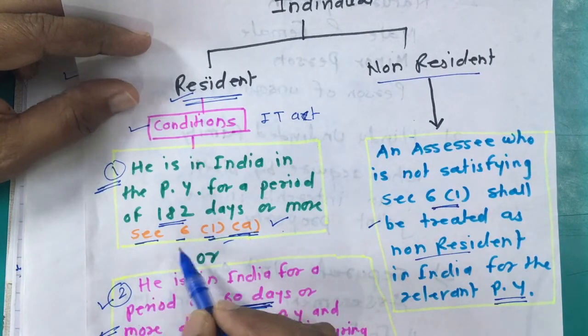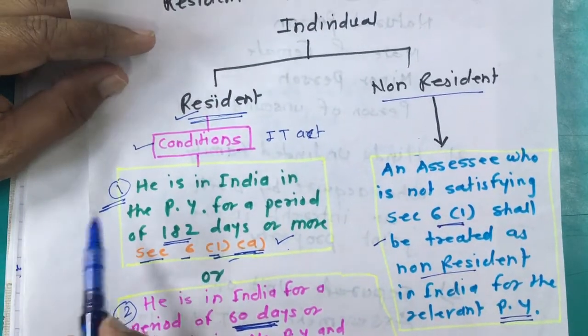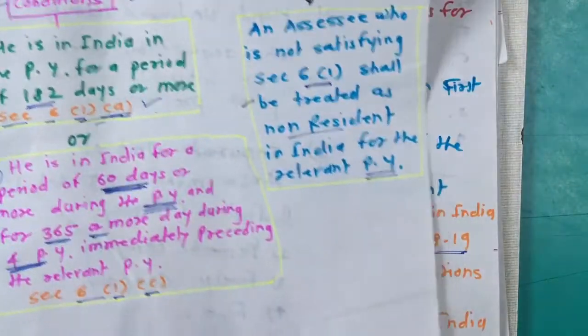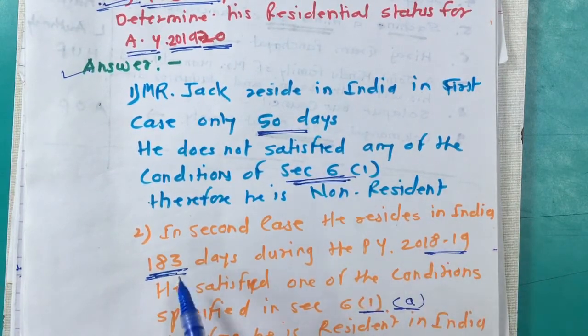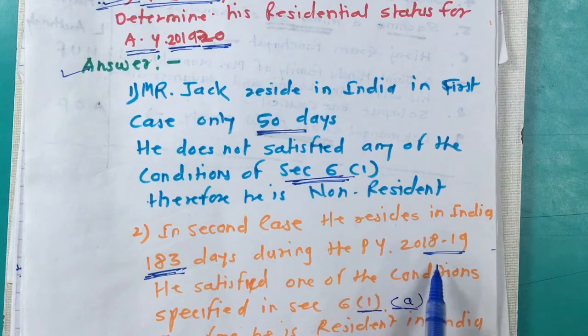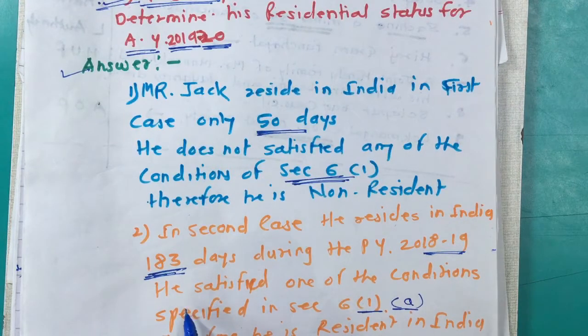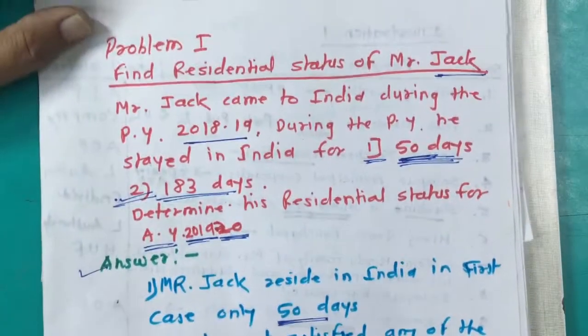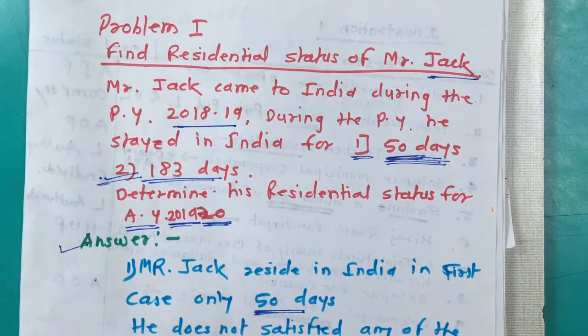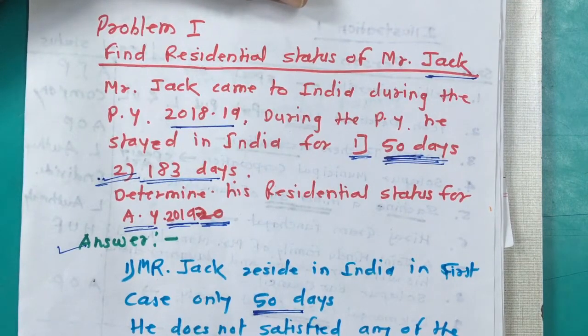This basic condition is fulfilled. Therefore, he is resident in India. This is the problem relating to the residential status of Mr. Jack. Okay. Thank you.